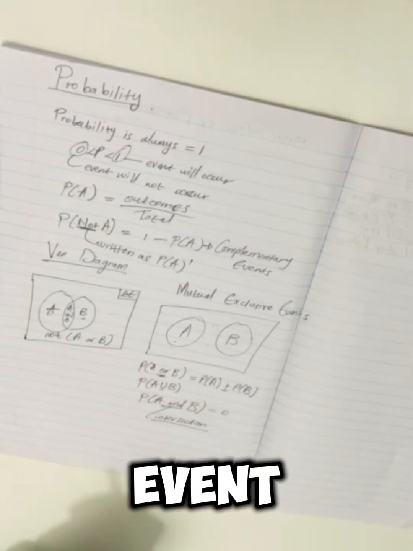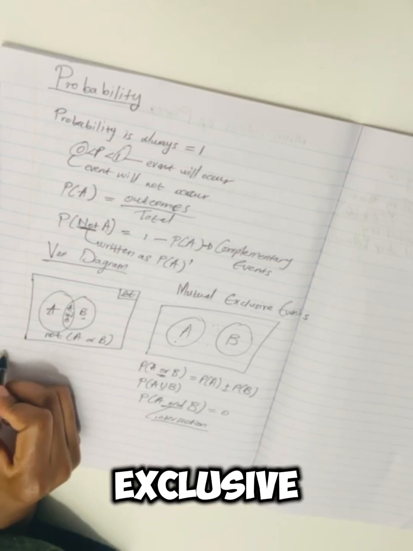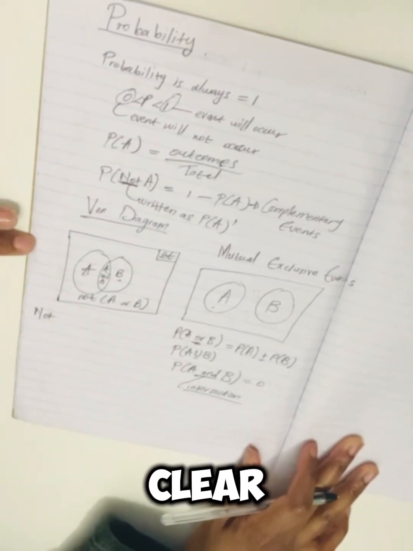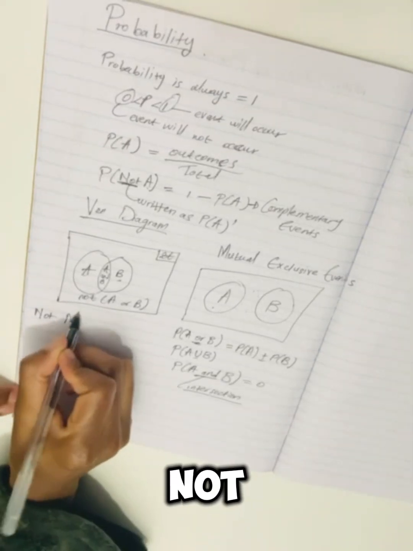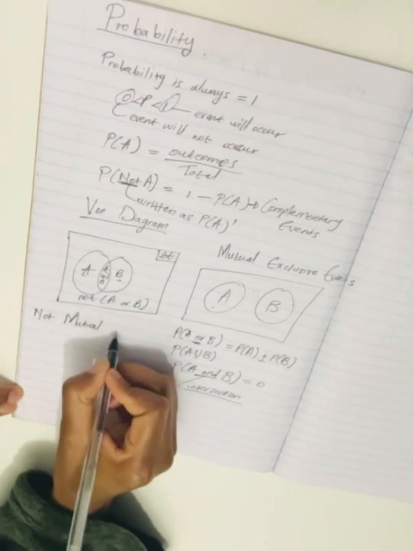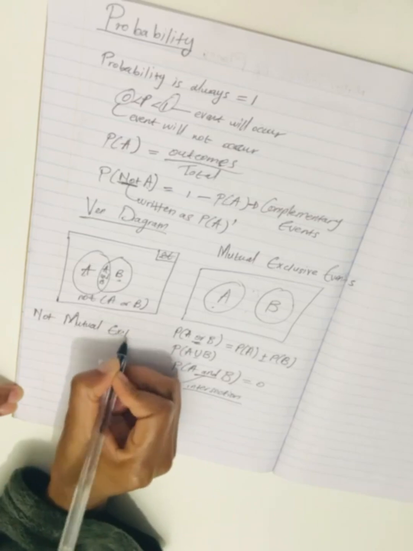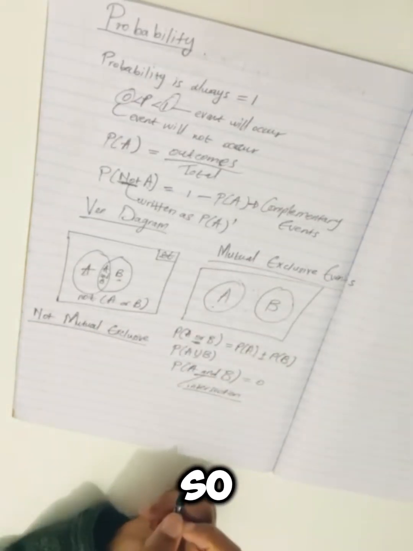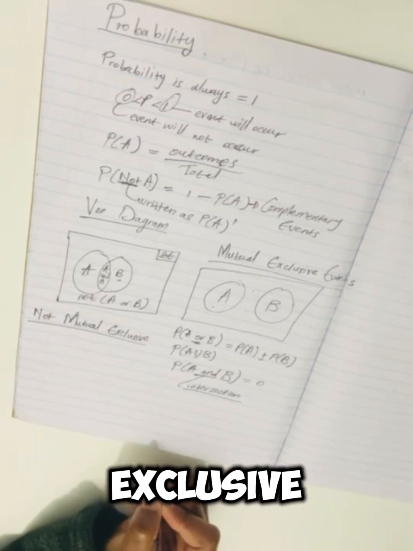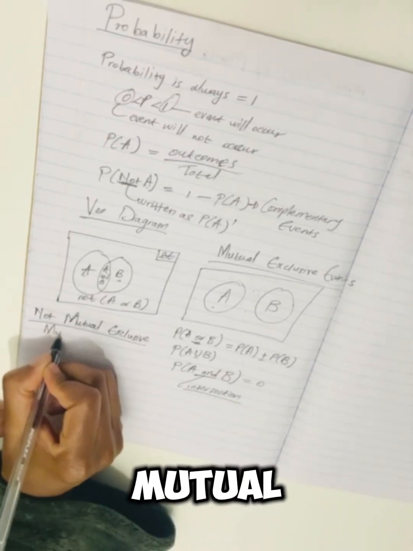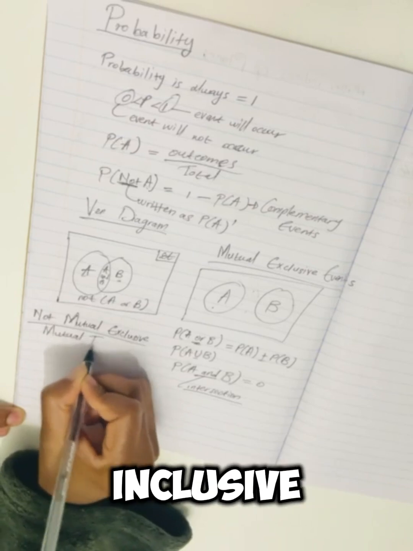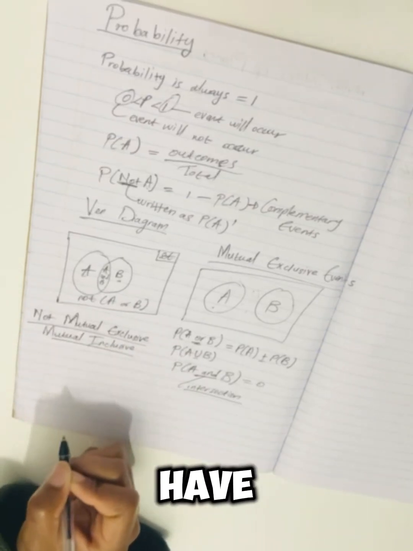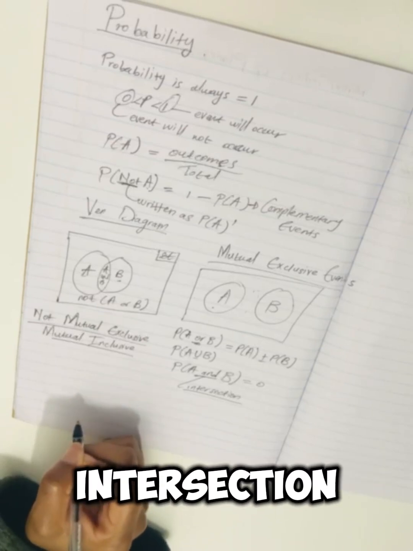So if events are not mutually exclusive, it means that they are mutually inclusive, meaning that they have an intersection, right?